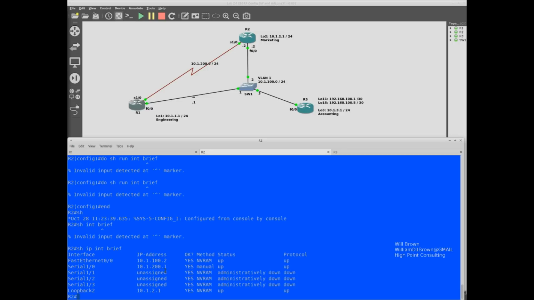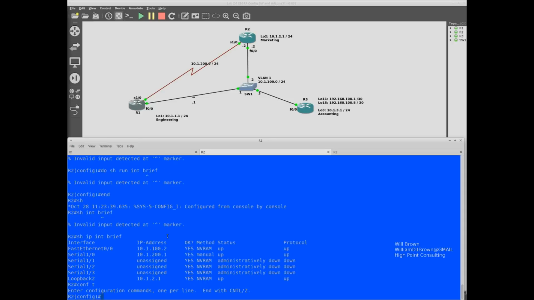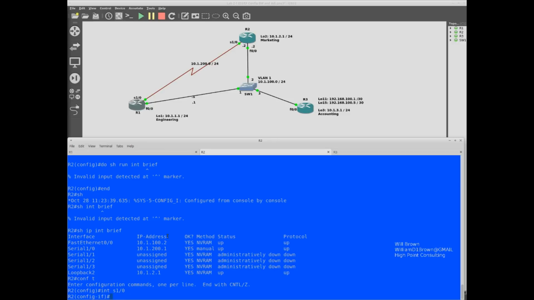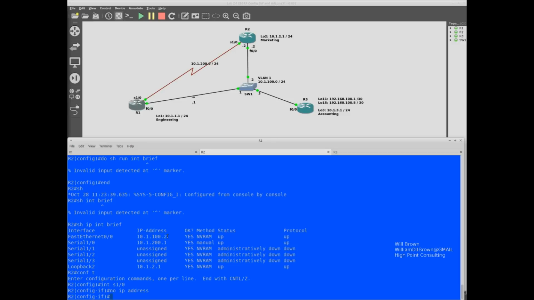What happened here is I like to have the addresses align with the router number in the lab setting, and here I assigned the serial interface the wrong IP address. The serial should be 200.2.